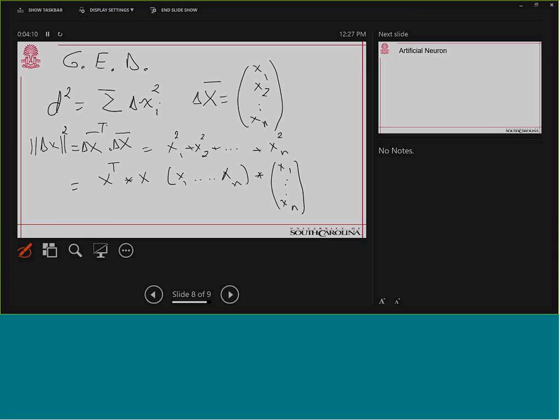Don't nitpick, one has a transpose, the other one doesn't. Work with me. Those are the coordinates of a vector in an n-dimensional space.